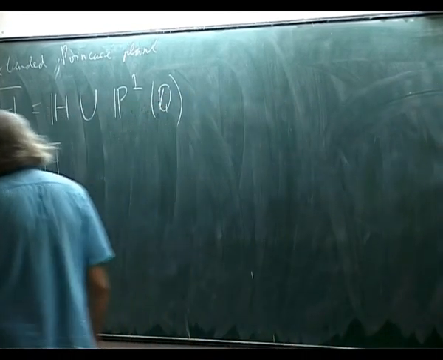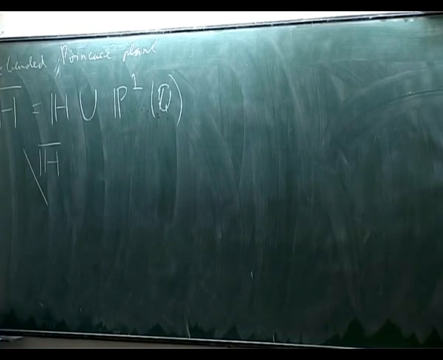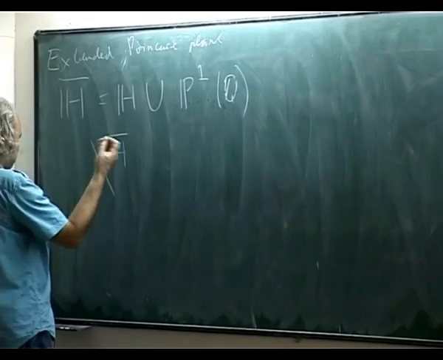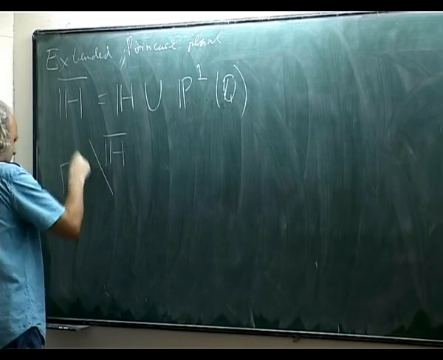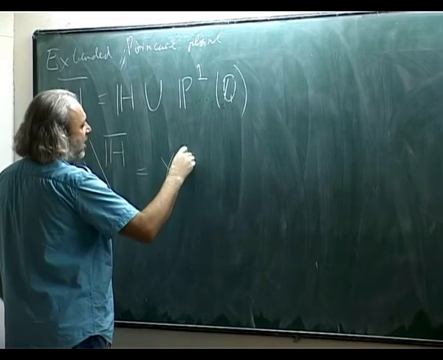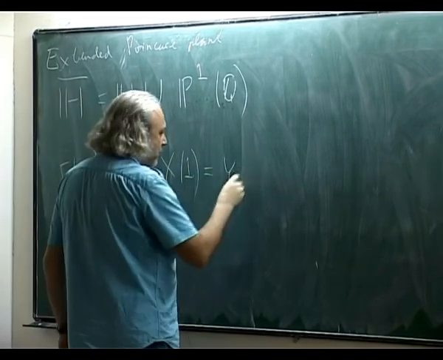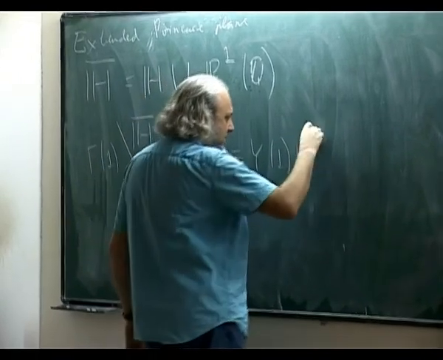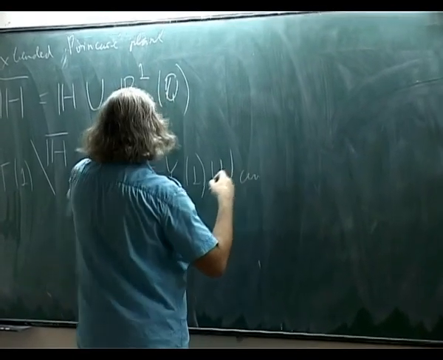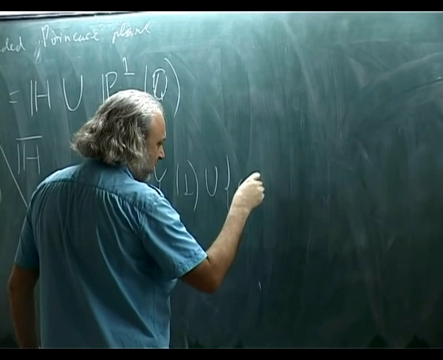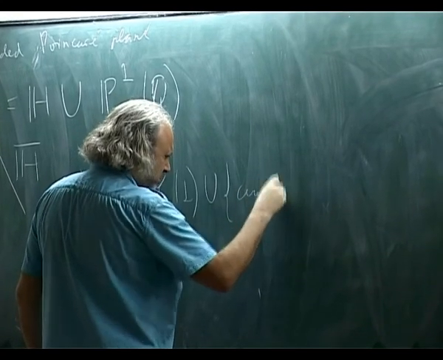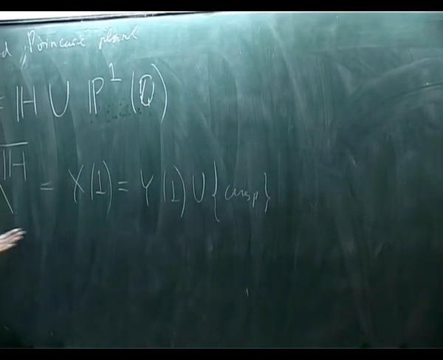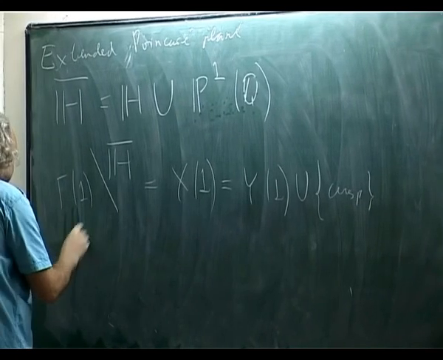And so the quotient of the extended plane by gamma of 1 is called X of 1, and it is Y of 1 and one more point, which is the image of this, which is called the cusp. And this is already a compact Riemann surface.